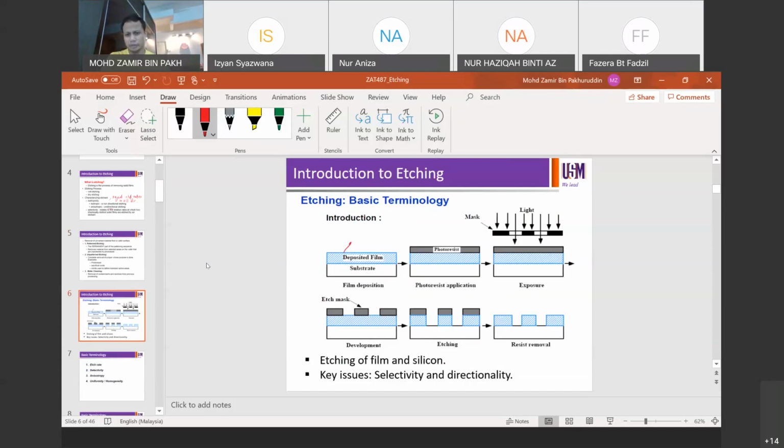We're going to cover later on how we do the thin film deposition process. For example, if you have material A deposited on the resist, well, you can also say this one as oxide, maybe.